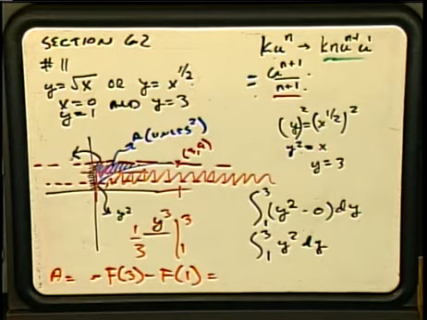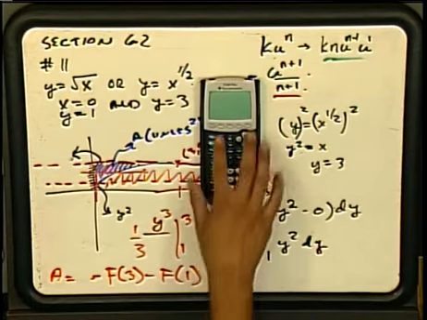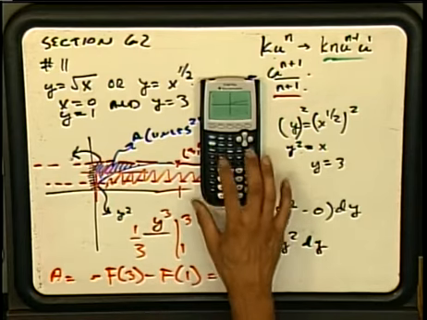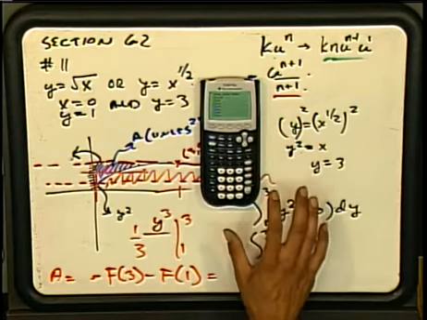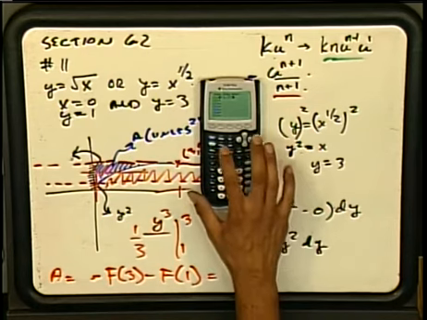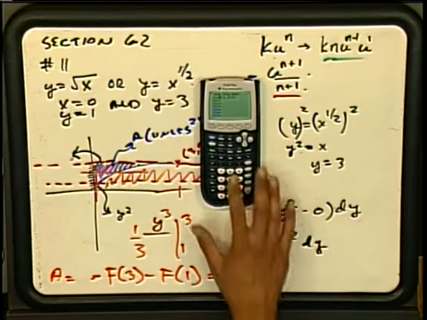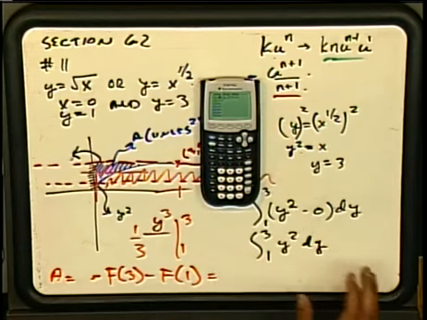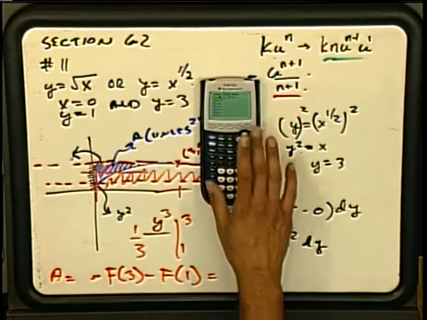Area equals, put the antiderivative in your calculator. 1 divided by 3. You can put x for y. Graph it.